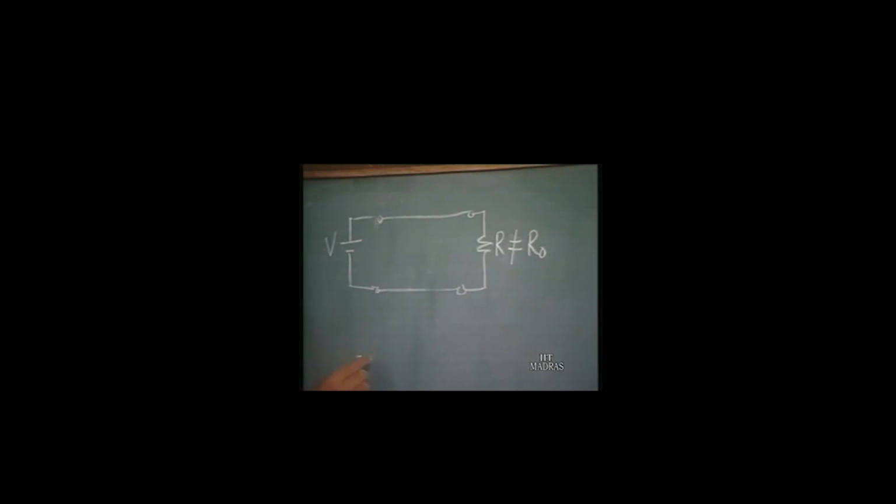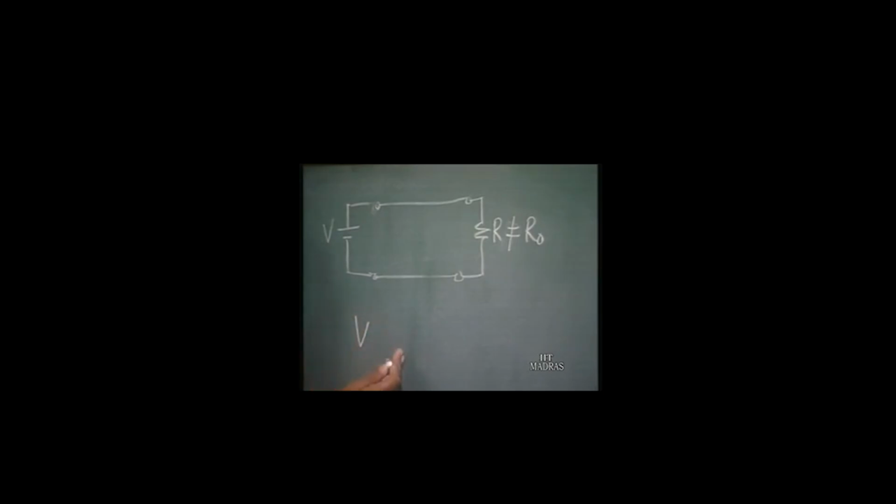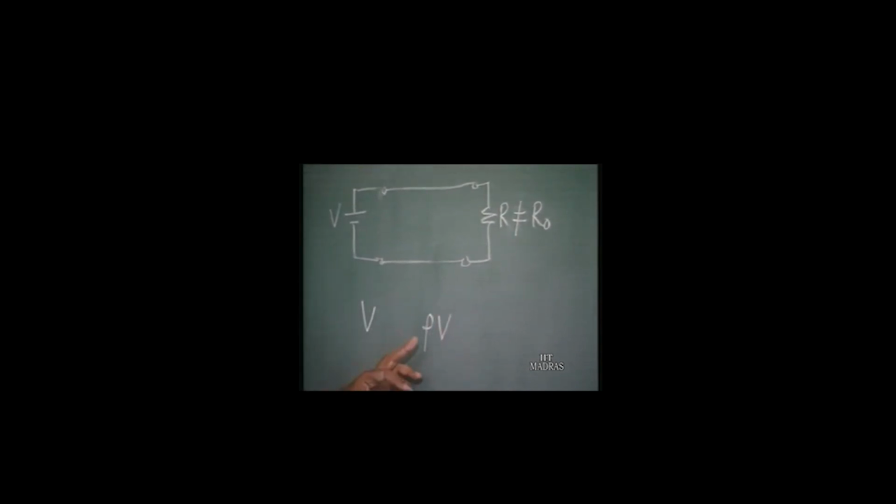If the transmitted voltage amplitude is V, the reflected wave is going to be rho into V, where rho is called the reflection coefficient. So the reflected voltage is rho V. Now, the total voltage at the load end is going to be V plus rho V.